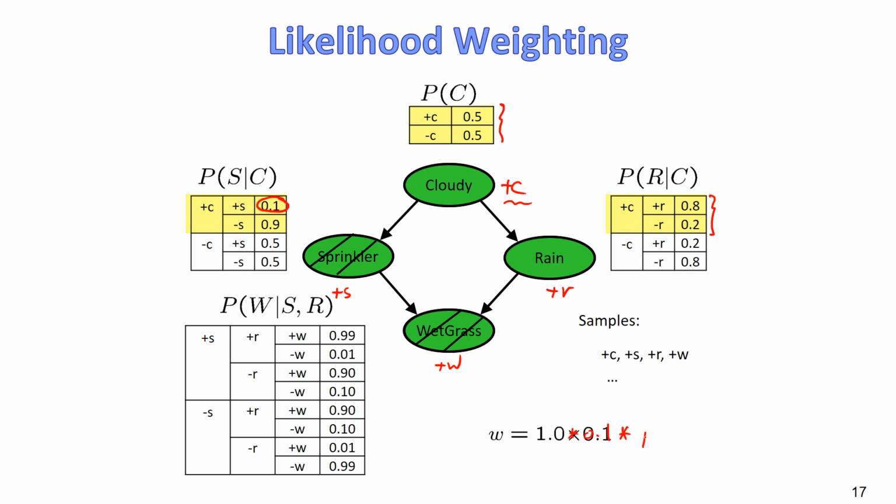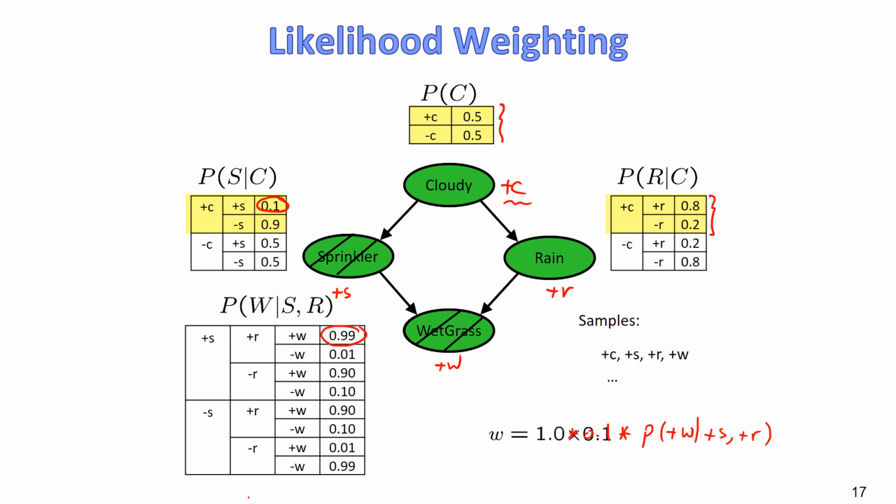Now we need the probability of plus W given the parents, right? Given the observed value, given the values of the parents, plus S and plus R. So what is that value? This is plus S, plus R, plus W, which is this value.